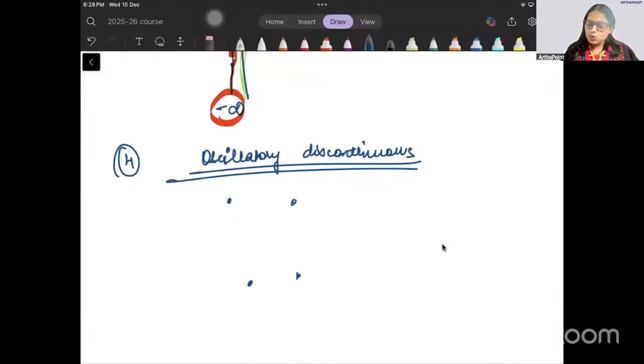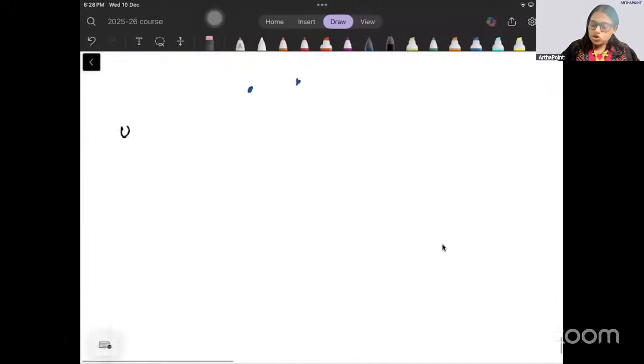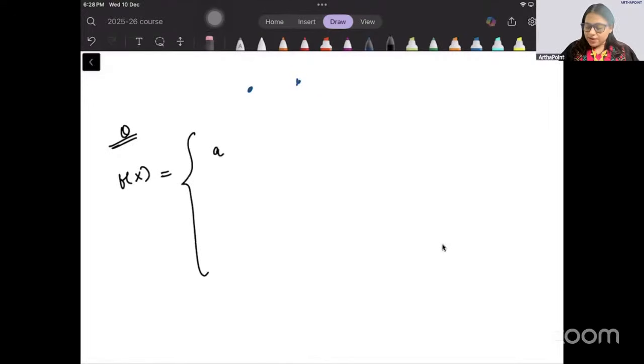Now we'll take some questions to understand all these topics well. So let's take the first question. You have a function. You should never draw these brackets like this. Always draw like this. I have a habit of drawing double brackets. Ax square plus bx plus 1 for x less than or equal to 1.